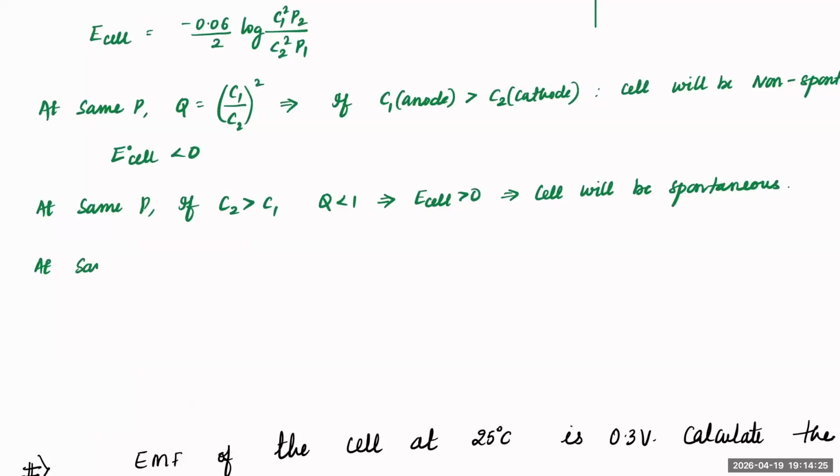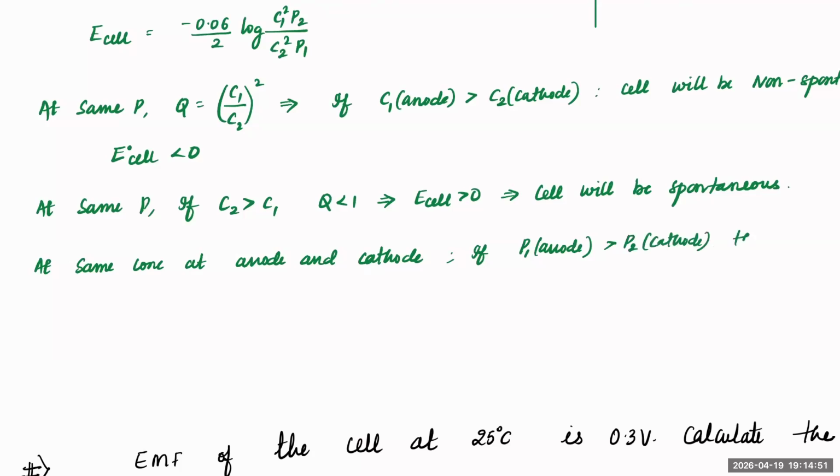At the same concentrations at anode and cathode, if P1 is greater than P2, where P1 is the anode side partial pressure, and it is greater than the cathode side partial pressure, then Q will be less than 1, which implies E cell will be greater than 0, which implies the cell will be spontaneous.